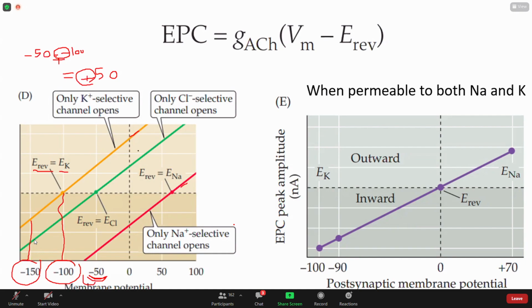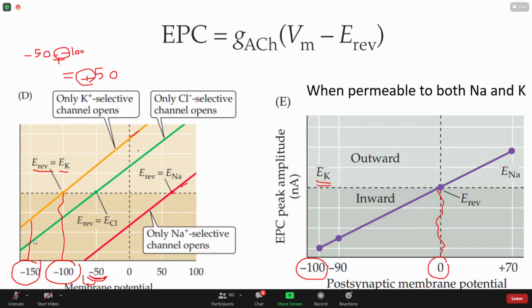In this case, what scientists found is that the reversal potential for the cholinergic receptors is 0 millivolts. So 0 millivolt, as you can see here, is the reversal potential. And we know that the equilibrium potential for potassium is negative 100 millivolts, isn't it?